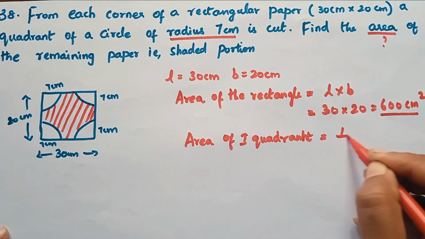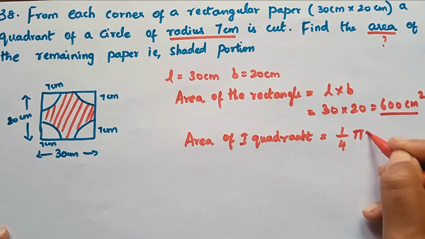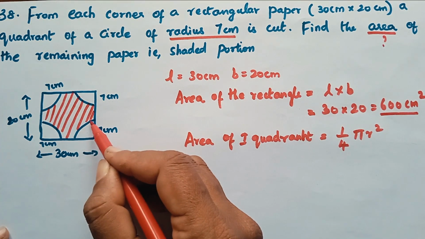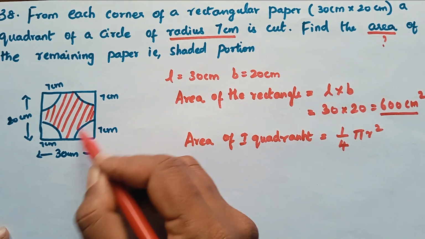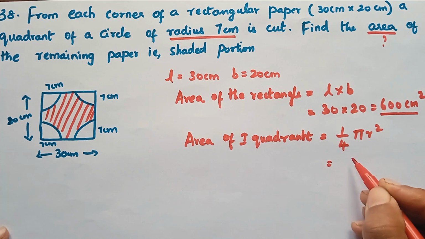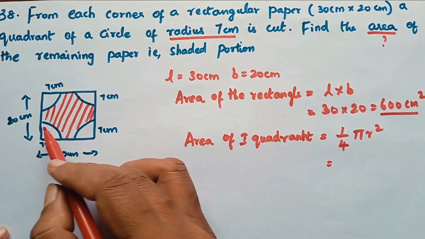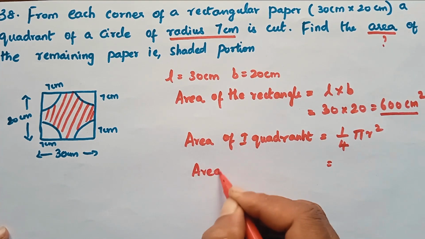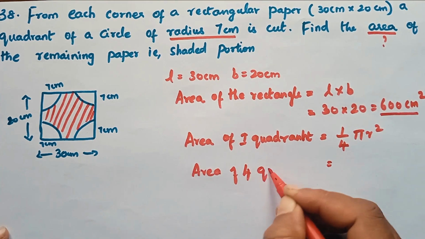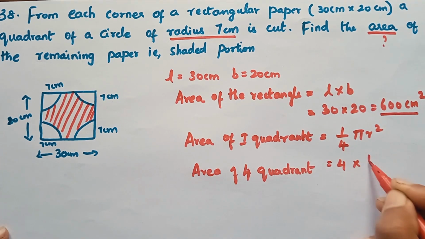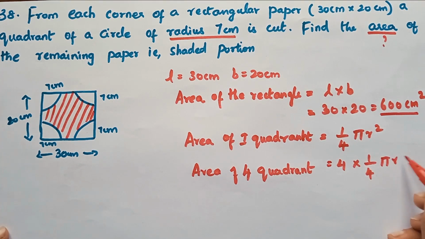which is equal to 1 by 4 pi r square. Why we are writing 1 by 4 here is, this is not a whole circle, just a quadrant of a circle. So 1 by 4 into pi r square. There are 4 quadrants here. So for 4 quadrants, the area of 4 quadrants is equal to 4 into 1 by 4 pi r square.